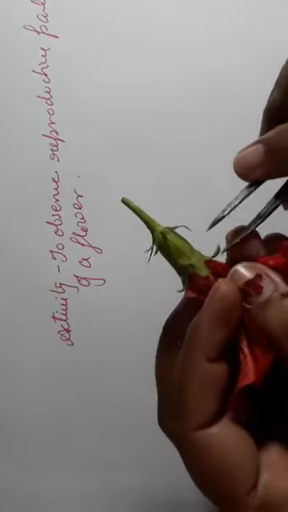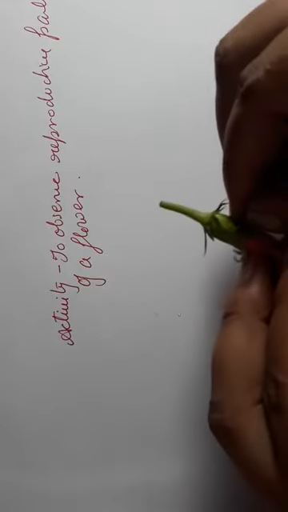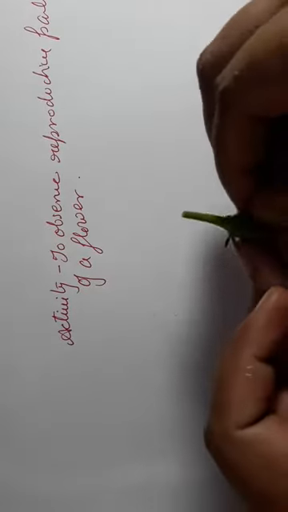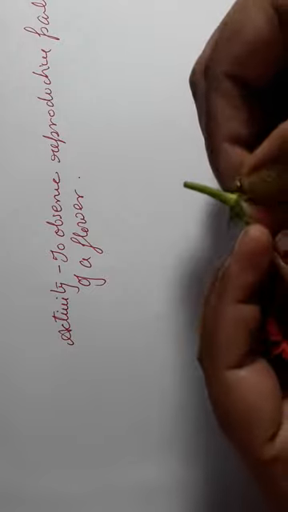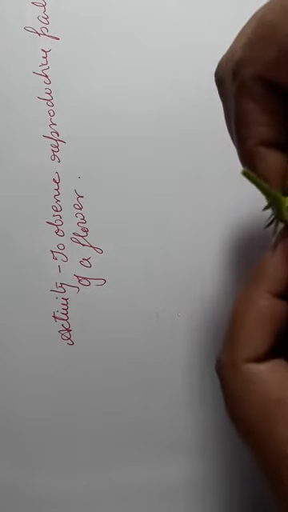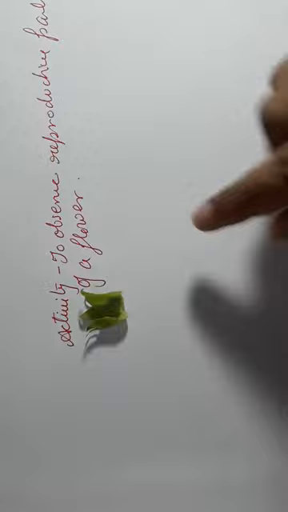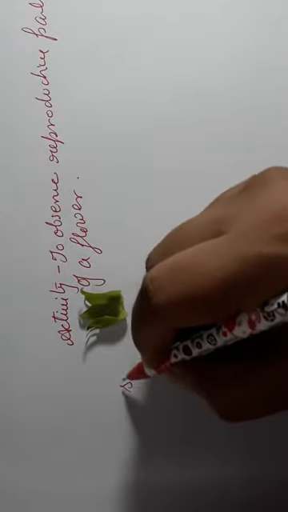This instrument is called a forceps. The work of the sepal is to protect the bud when the flower is growing, right? So this part which you are watching is a sepal.